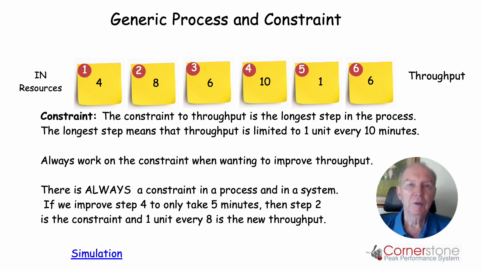Because the longest step in the process is what dictates the speed at which throughput takes place. So in this case, the longest step is 10, and therefore the throughput is only once every 10 minutes.